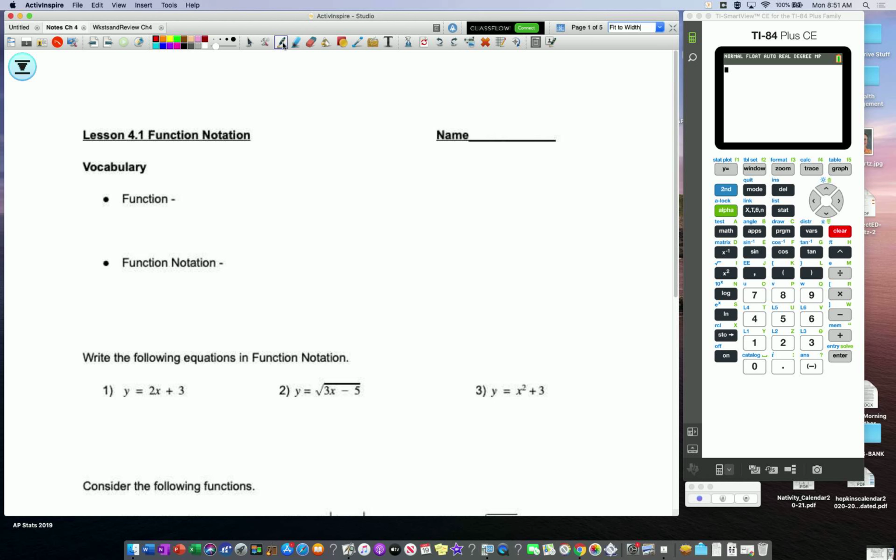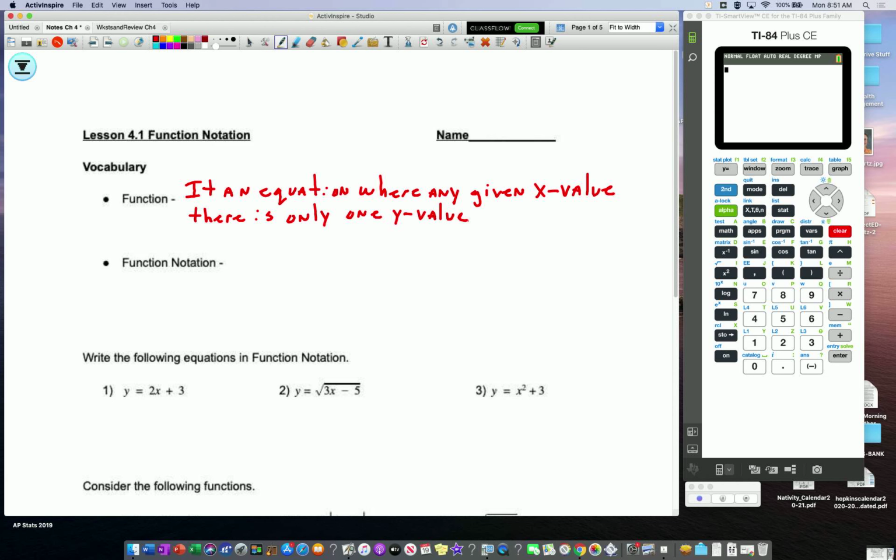Basically, a function is an equation where for any given x value, there is only one y value. So when I plug x into an equation, it only gives me one y value.